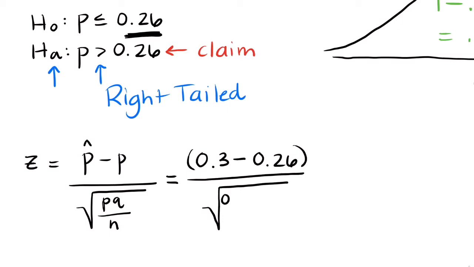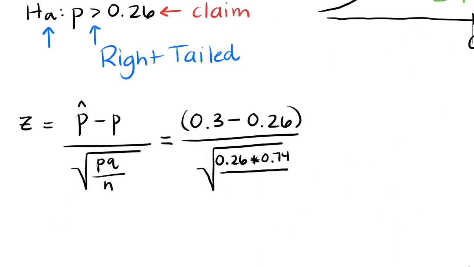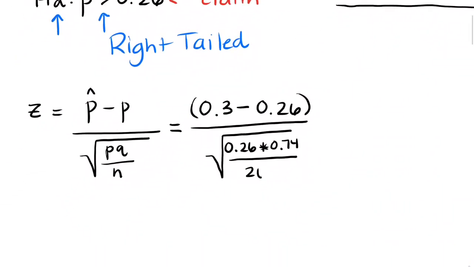So I'm going to take 0.26 times q, that is 1 minus p at 0.74, divided by my sample size, which again was 260. So when I calculate that here, I'm going to get a standardized test statistic of 1.47.